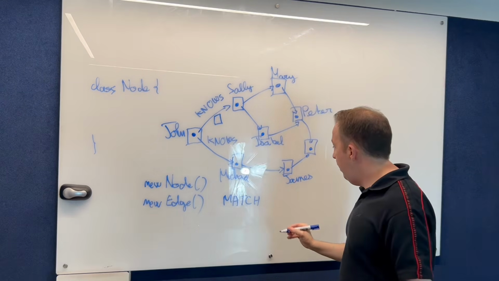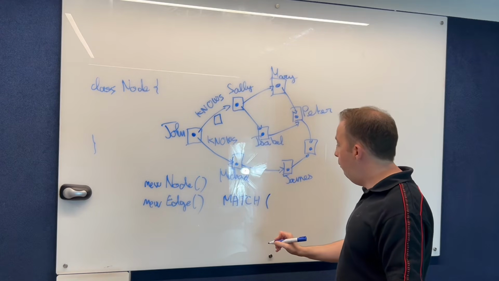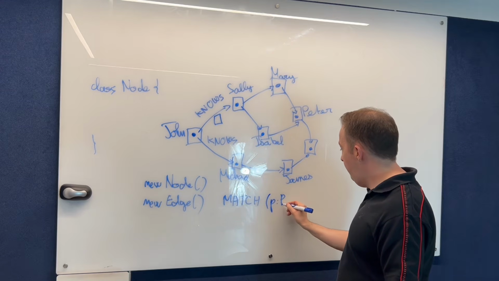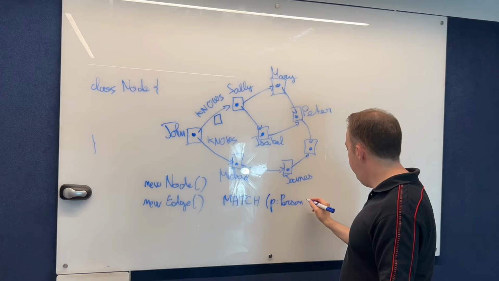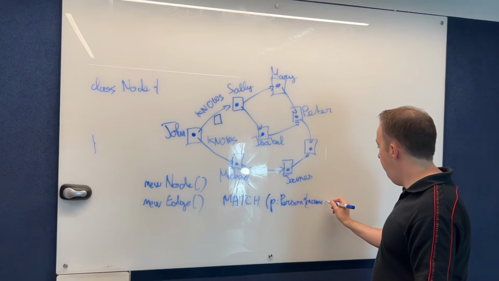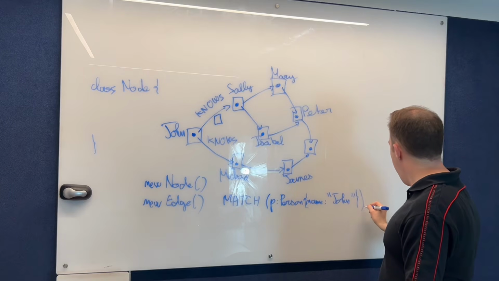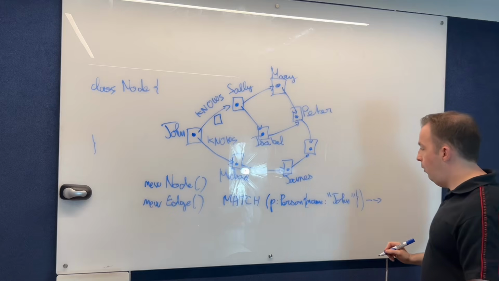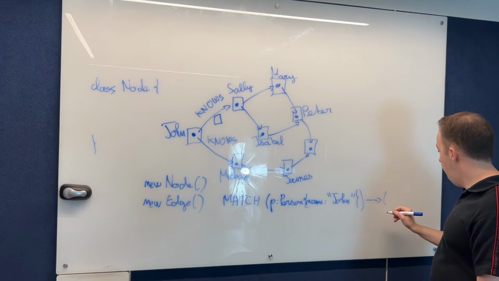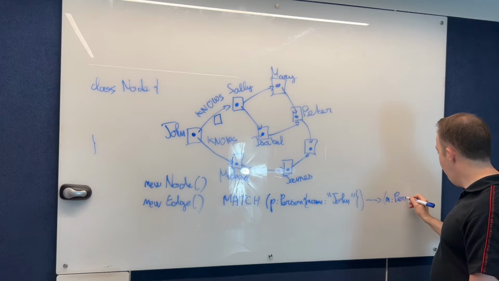So I can write something like this in Cypher, the Neo4j query language, which would be match P, which is, let's say, a person in my graph schema, with name John, an edge to somebody else that I will call N. Not very original here.